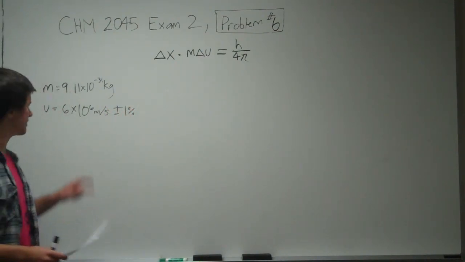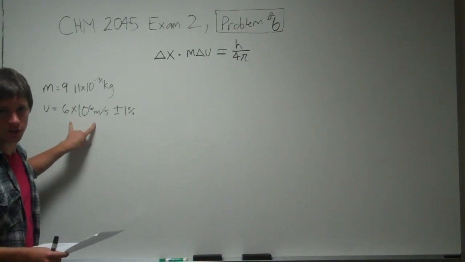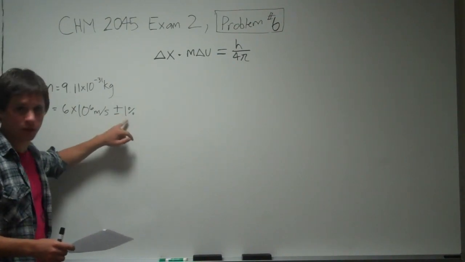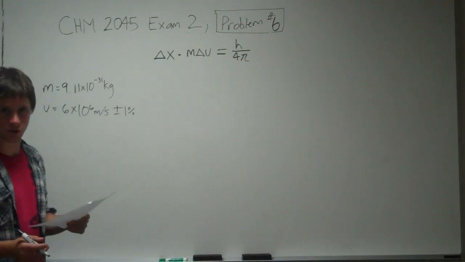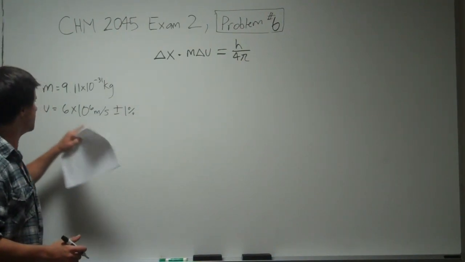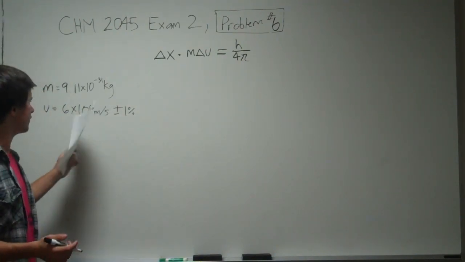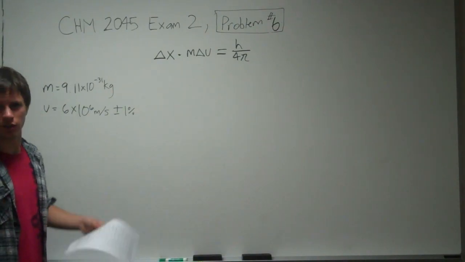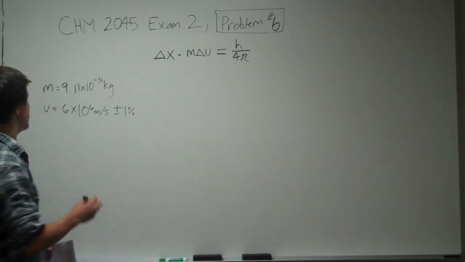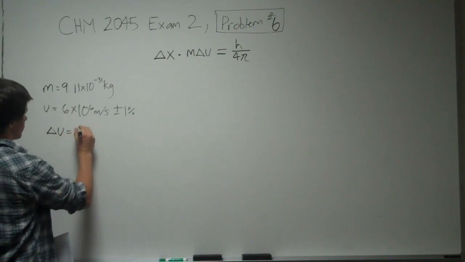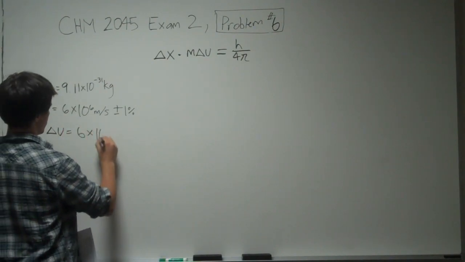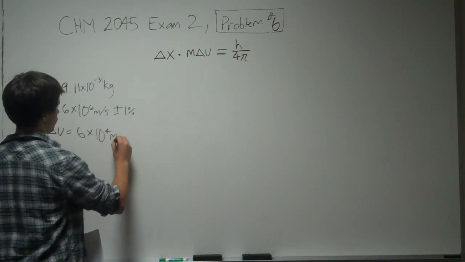Now, like I mentioned, it's not the speed that we're interested in for this equation, it's this plus or minus 1%, because they're talking about the uncertainty of the speed. So you just need to figure out what 1% of that is. You can divide it by 100 or however you do that. But that makes the uncertainty in u 6 times 10 to the 4 meters per second.